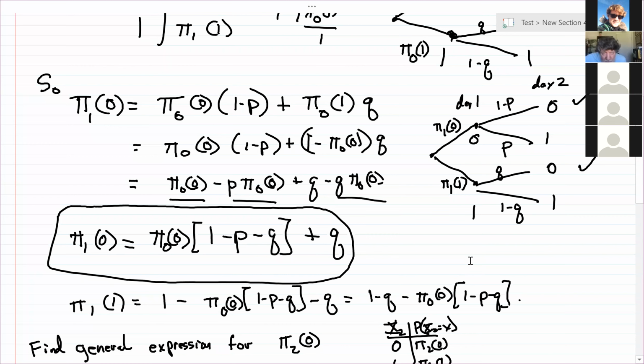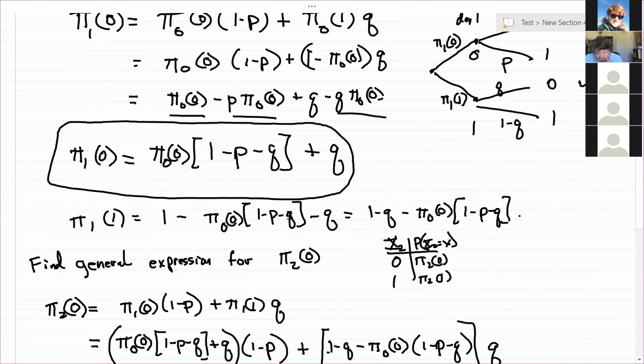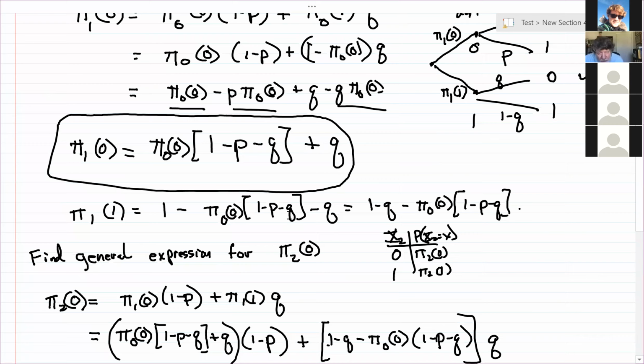And then we did it a second time. Again, it was really the same ideas that we had done with numbers, but now where we're using P's and Q's, and we were using pi 0, 0 and pi 0, 1 instead. And so we came up with this answer.